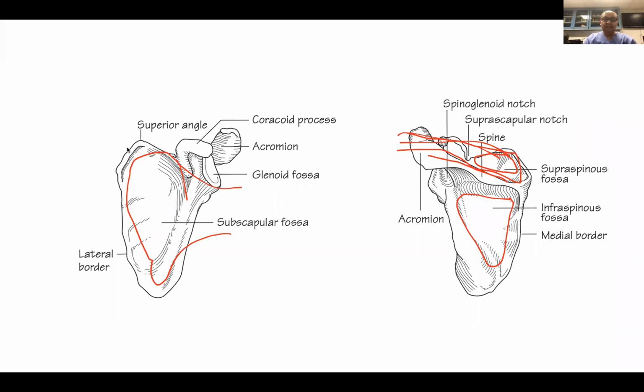And on this border, we have the attachment of a muscle called serratus anterior. I'm sure all of you have seen it. This is my coracoid process, this is the acromion process, and that's the glenoid cavity. So now, this is just an intro on these bones.